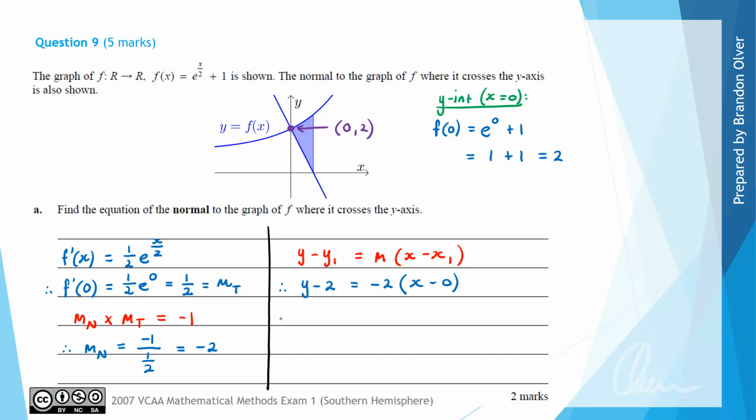Solving for y, we have y minus 2 equals -2x. Therefore, y equals -2x plus 2. So that is the equation of the normal line to the curve f when it crosses the y-axis.